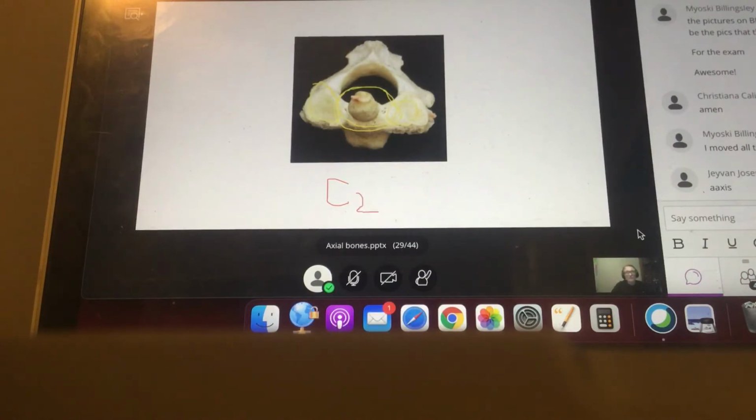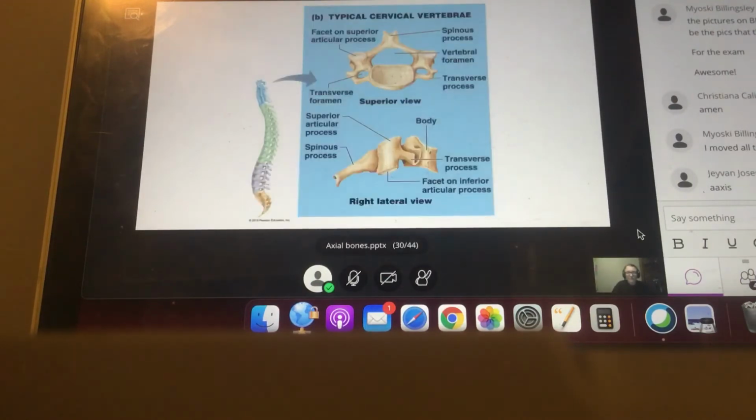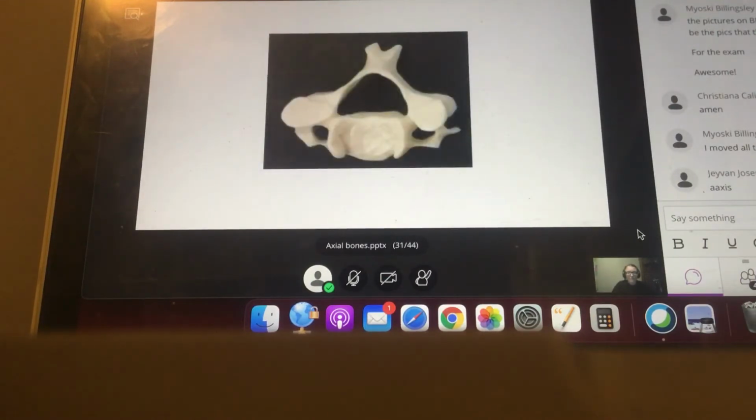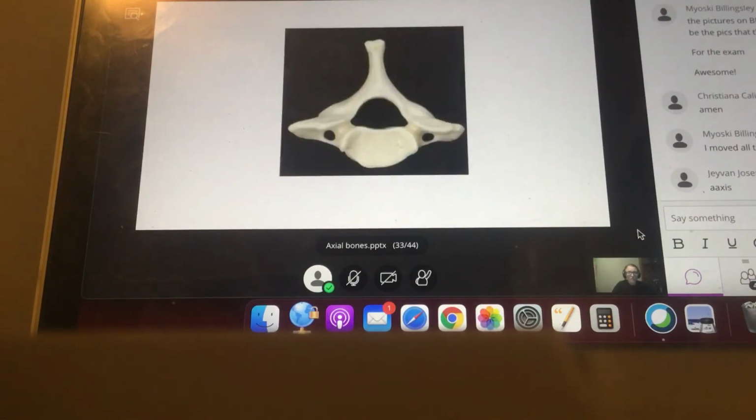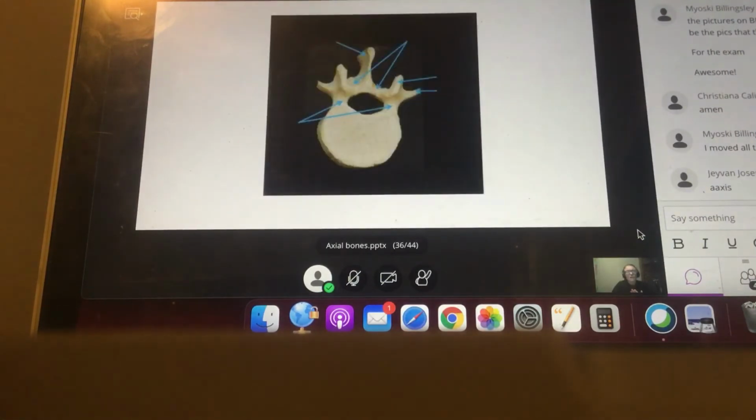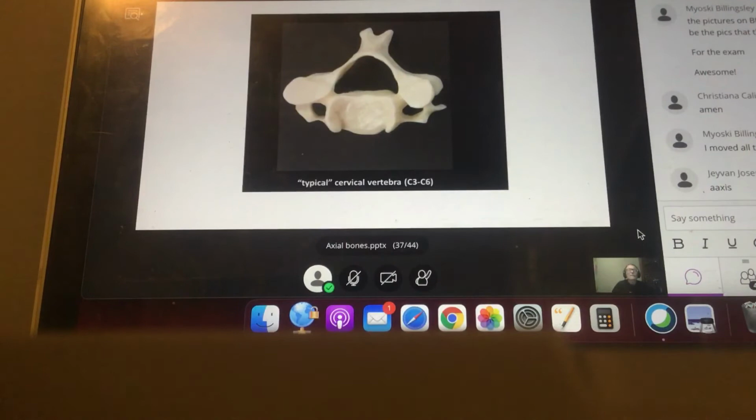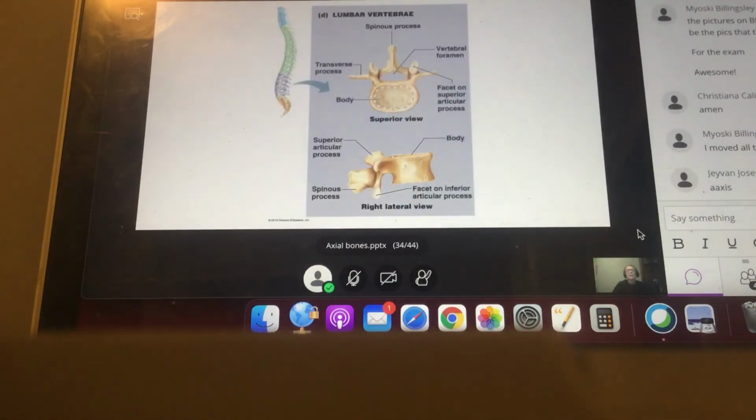Nothing else has that. Now, actually, I don't see a very clear transverse foramen, but it doesn't matter because it has a really clear dens. See that thing sticking up? Where's my picture? Hold on, guys. My pretty picture of C1 and C2 together is in my other slides.